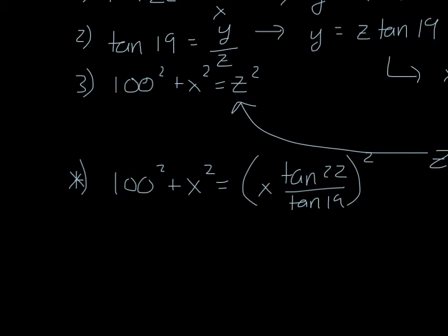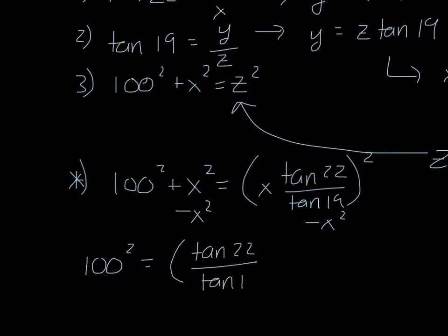So the first thing I'm going to do is subtract x squared from both sides. So we get 100 squared equals, I'm going to do a little bit of rearranging here, tan 22 over tan 19 squared times x squared, right? Because I can distribute this exponent into the parentheses. Okay, minus x squared from the other side of the equation.